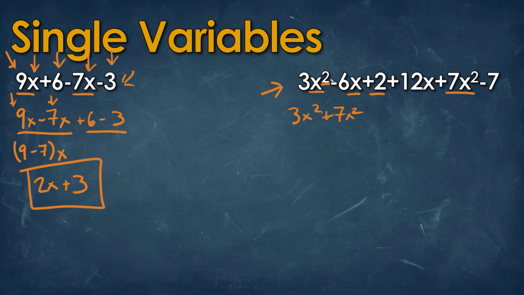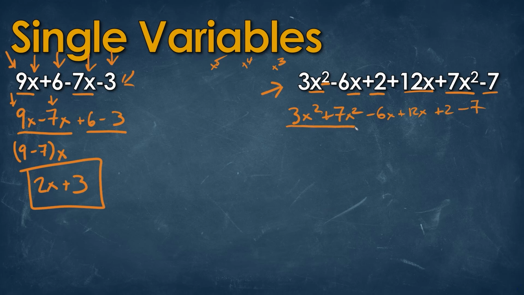So x squared is lower than x cubed, which would be lower than x to the fourth, x to the fifth, etc. So we have x squared, we group those first. Then we group the x terms, which we have as -6x and positive 12x, and then we have our constants 2 and -7, and we've grouped those together.